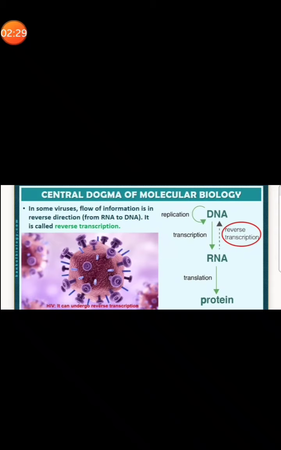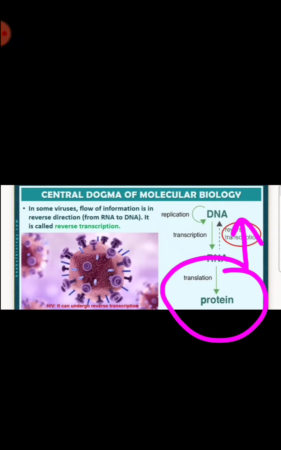Reverse means it is going in the opposite direction. Transcription should be from DNA to RNA, but here it is from RNA to DNA. This process we call reverse transcription, and we will study how it takes place.